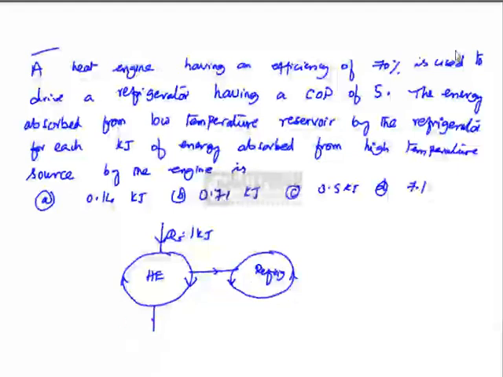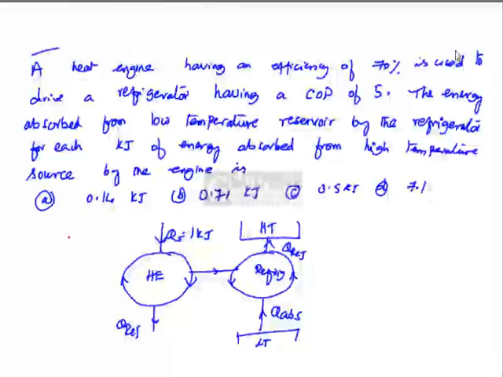The heat is being rejected from the heat engine, whereas the refrigerator will absorb Q absorbed from low temperature and rejects heat to the high temperature. The source is supplying heat to the heat engine. To the sink, heat is rejected by the heat engine.